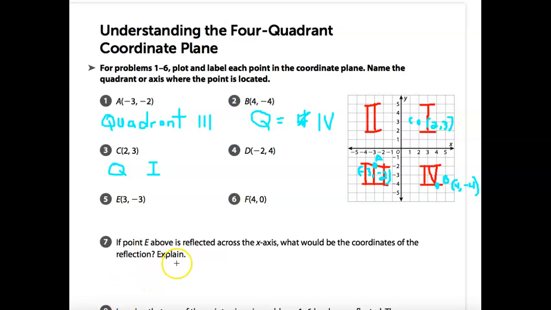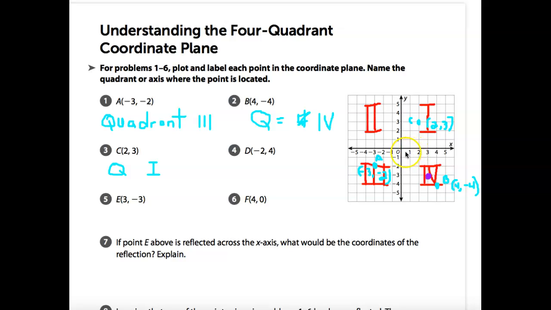It says, if your point E above is reflected across the x-axis, what would be the coordinates of the reflection? Okay, well, let's look at E. It looks like we'll be doing another one together. So 3, start at 0, 1, 2, 3, and then -3, 1, 2, 3 is right here. All right, a reflection over the x-axis, this is the x-axis, it would be like you folded the paper and the same distance this is from the y and x-axis is going to be the same up here.